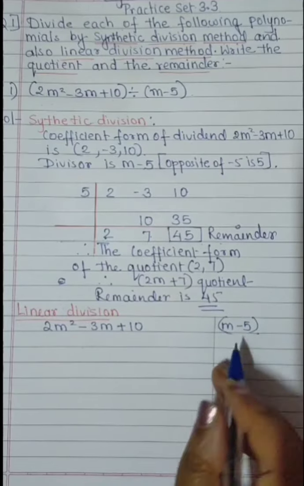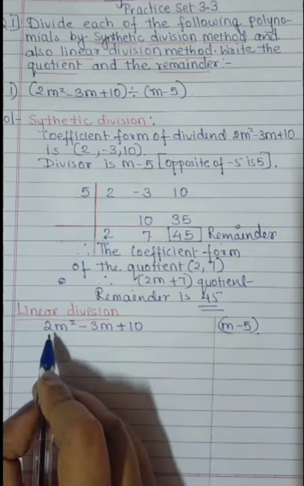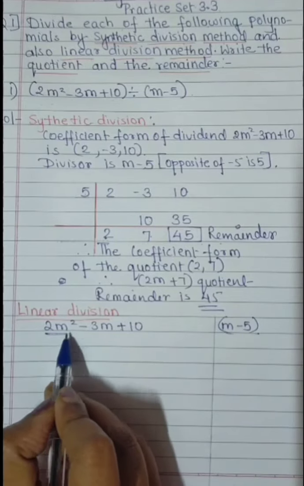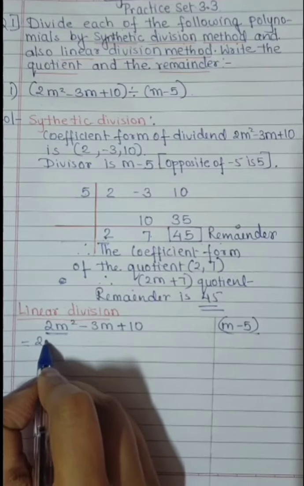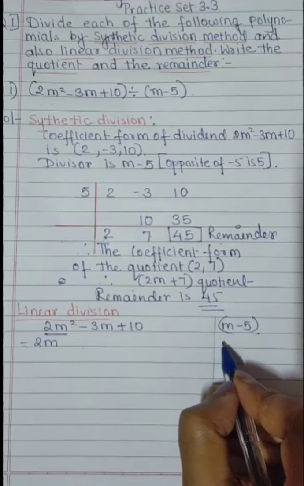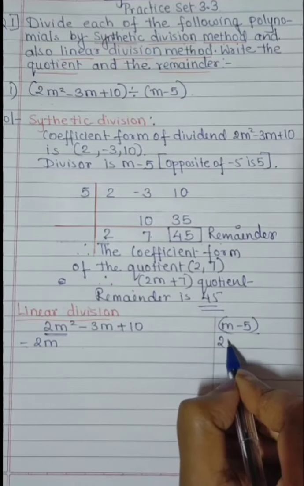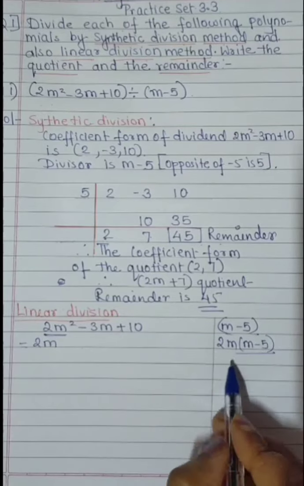This is our divisor. Now as you can see, 2m square is given, so we'll write 2m. If we take 2m with this divisor, we will get what?